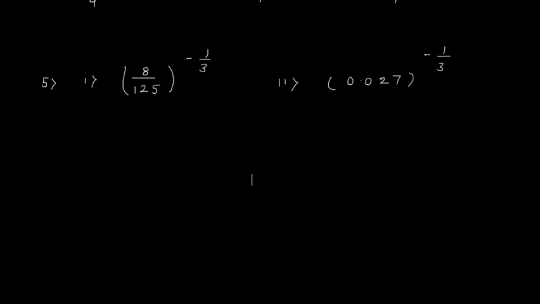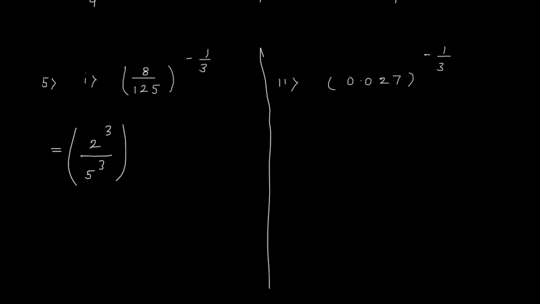So the first problem I will solve on this side and the second on this side. 8 divided by 125. Now again, as the power is in fraction, this 8 I will write as 2 power 3, and this 125 I will write as 5 power 3. And its whole power is minus 1 upon 3. So this becomes 2 upon 5, the whole power 3 into minus 1 upon 3.